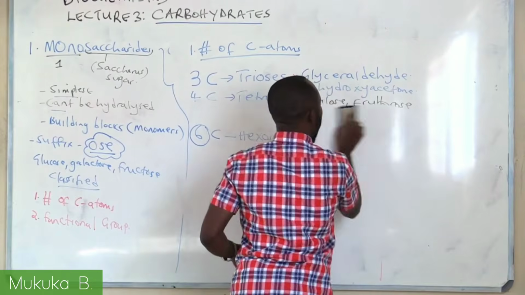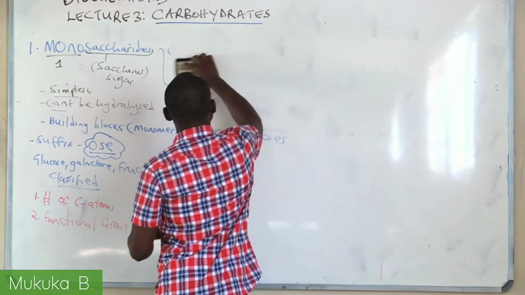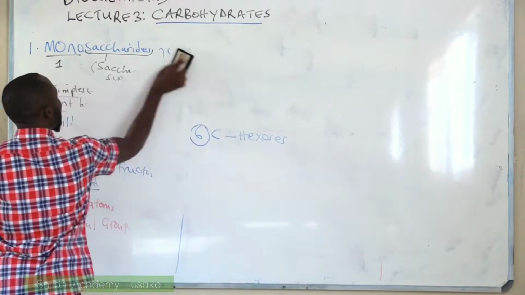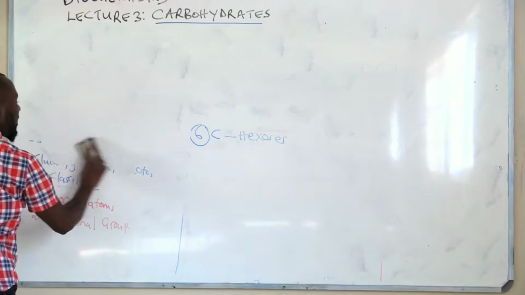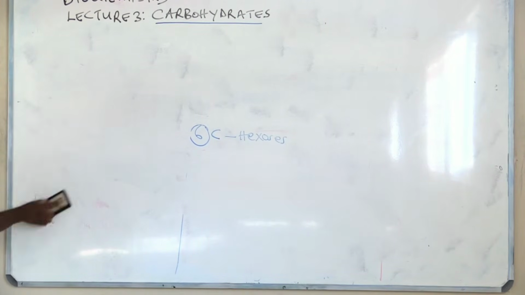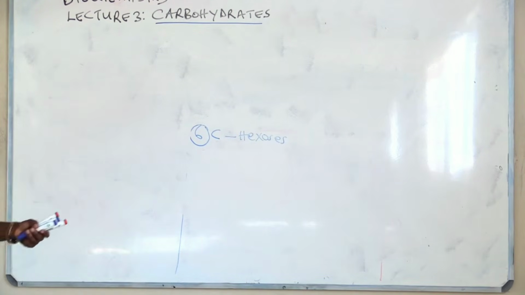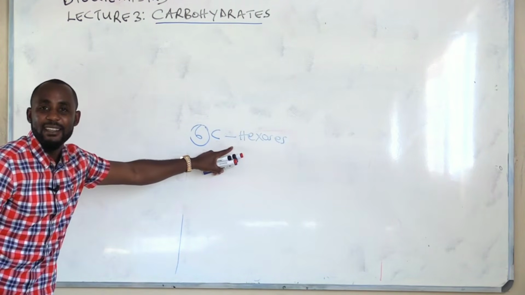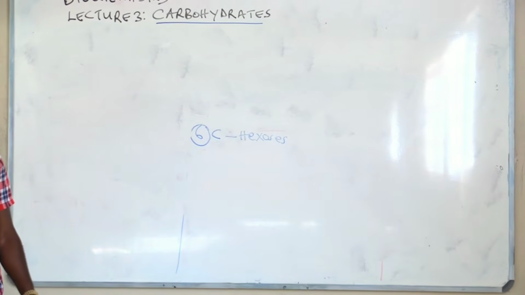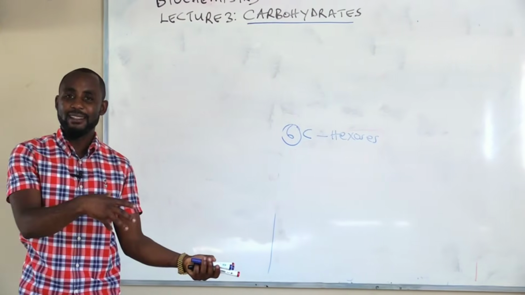So our discussion now will be looking at hexoses. Very important. What should you remember about hexoses? Just like any other monosaccharide, these hexoses can either have an aldehyde or a keto.